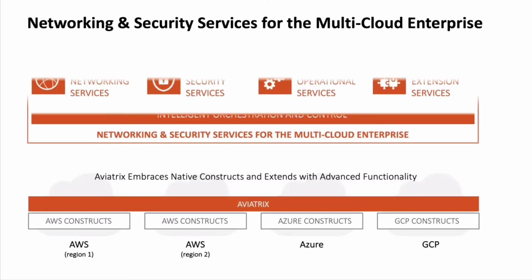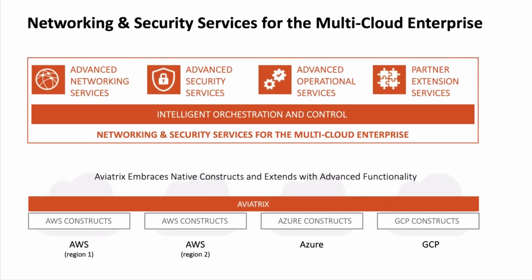So of course, that picture would be just in one, say, AWS region, but our orchestration and control layer, this abstraction layer, goes across AWS constructs, it goes across Azure constructs, it goes across Google constructs, so that we embrace the native constructs and then extend those with advanced functionality.